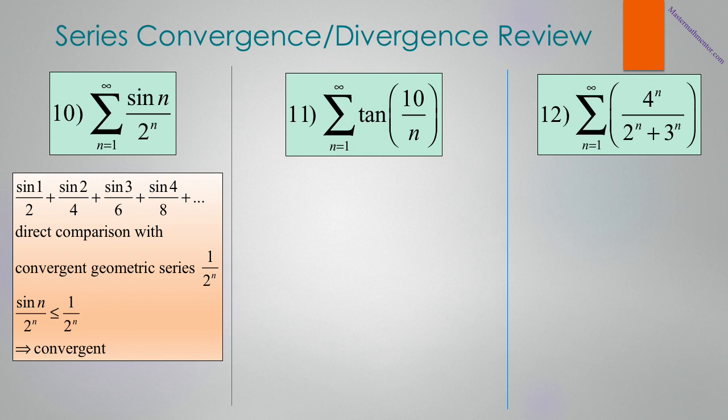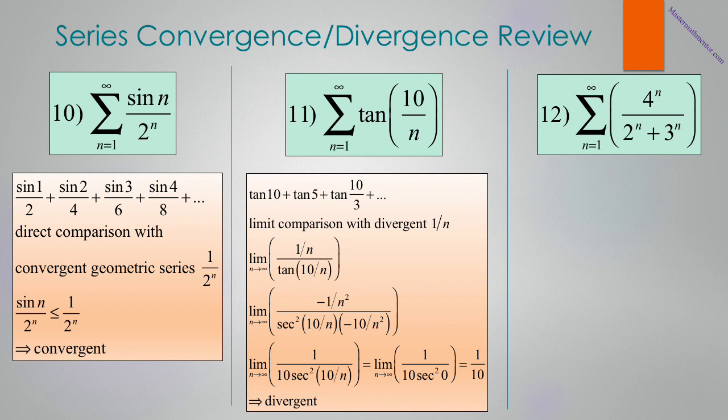We compare it with the convergent geometric series 1 over 2 to the n, and realize that sine of n will have values less than 1, some of them may even be negative. So sine of n over 2 to the n will always be less than or equal to 1 over 2 to the n. And therefore, by the direct comparison test, this must be convergent.